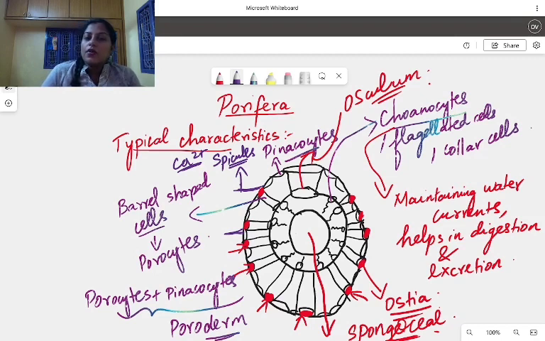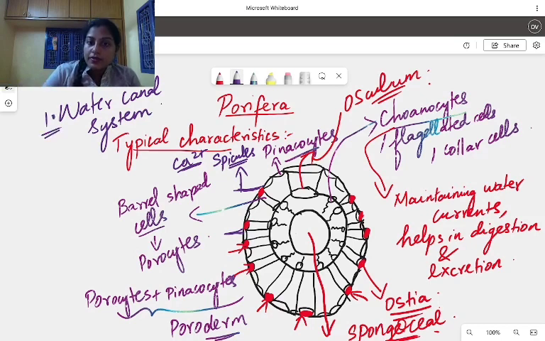Now, talking about the water currents, their main functioning capability is because of the water canal system. Very important. What is this water canal system? You can see the osculum there, where the water enters and exits, right?